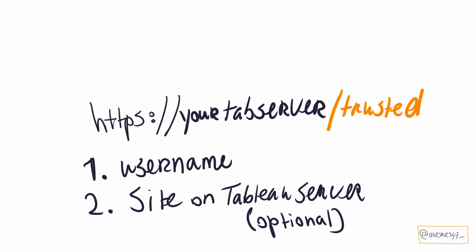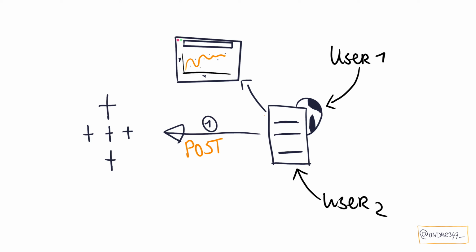So in this diagram again, you can see that the web server needs to capture the user that logs in. It's also very important to note that every user that wants to see visualizations in an embedded portal needs to have a user account on Tableau server, because that user account needs to be sent to Tableau server /trusted.